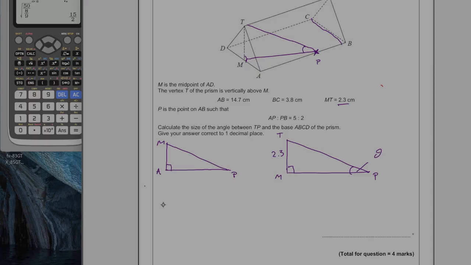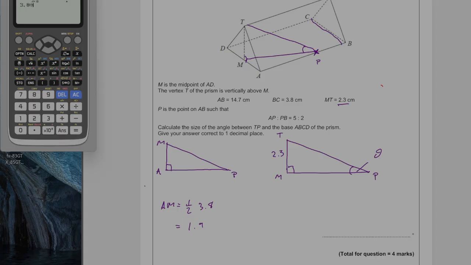So A to M is equal to half of 3.8, which is 1.9. 3.8 divided by 2 is 1.9.